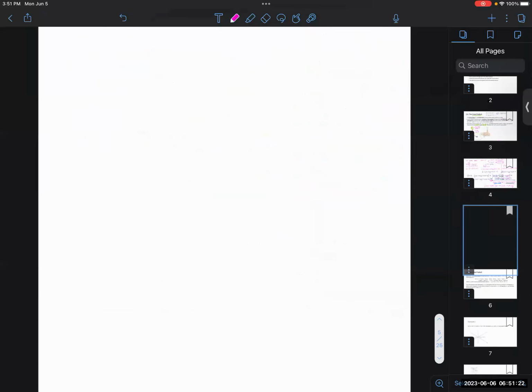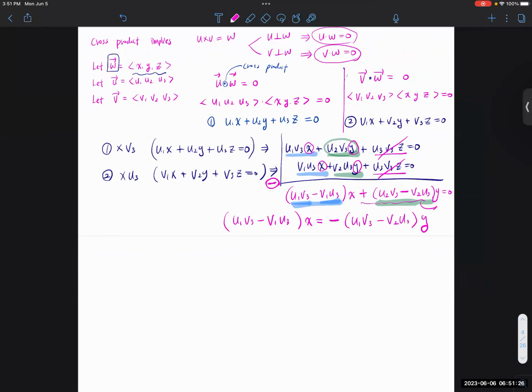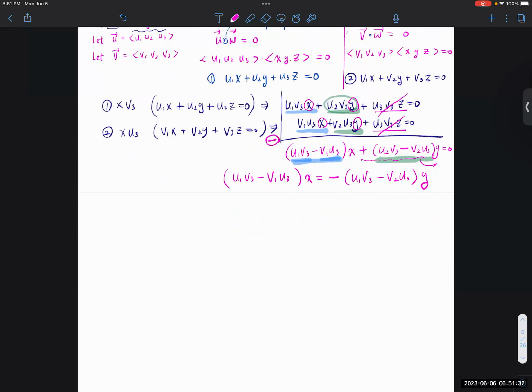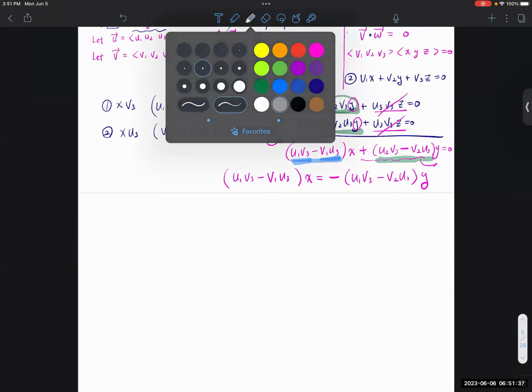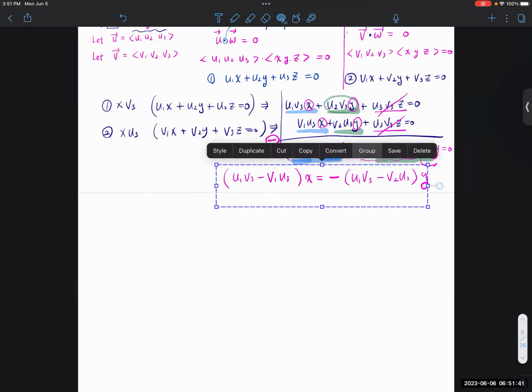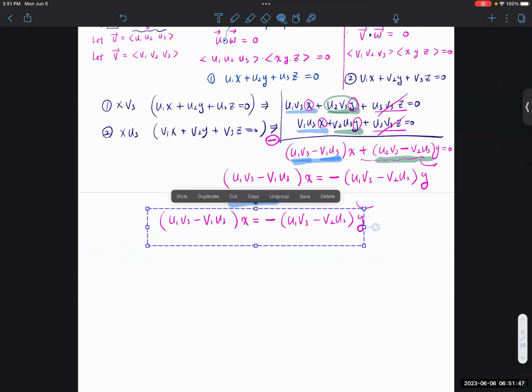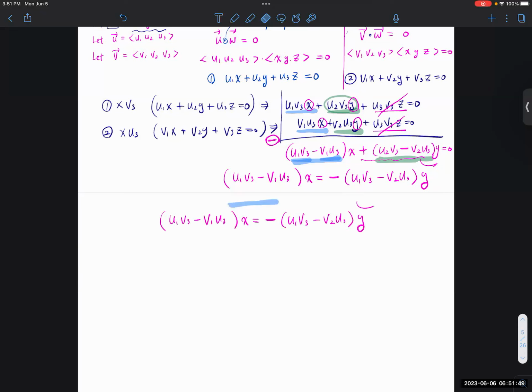Okay, hang in there. What I'm trying to do is know what the W vector will be, X, Y, Z. We are solving for X, Y, Z. So what does it mean? In this equation, I'm gonna copy this, paste.